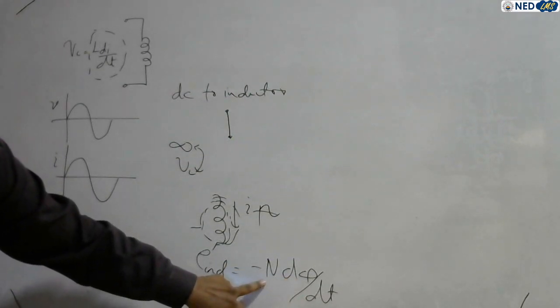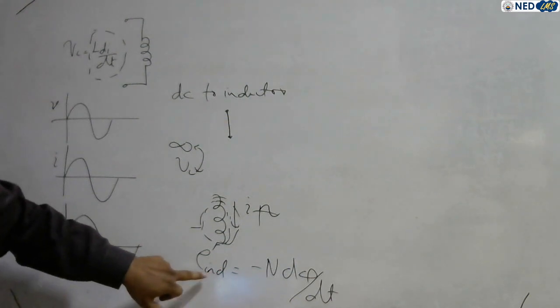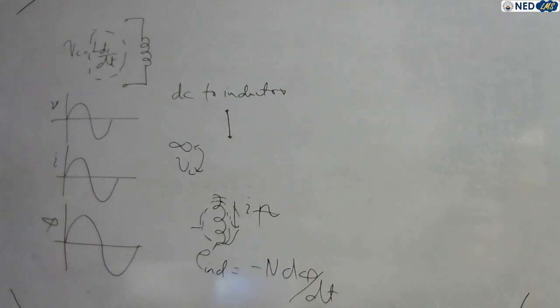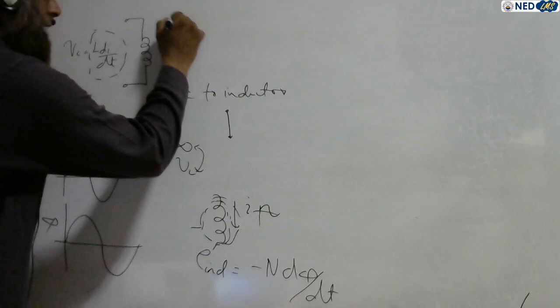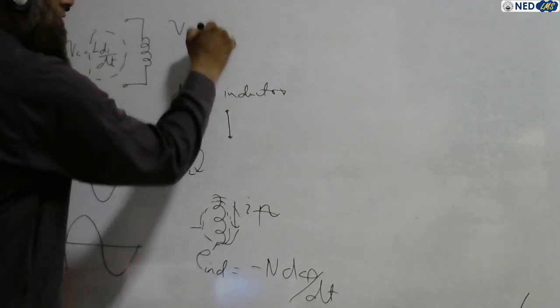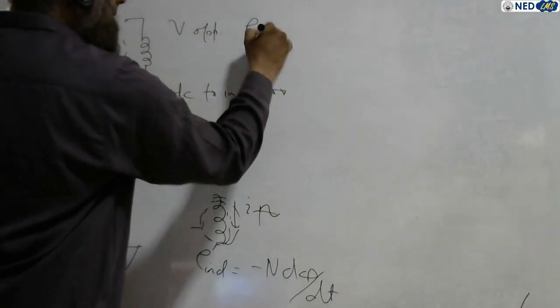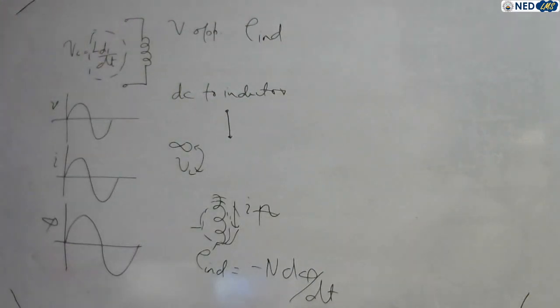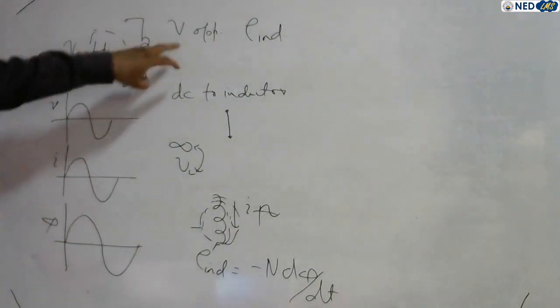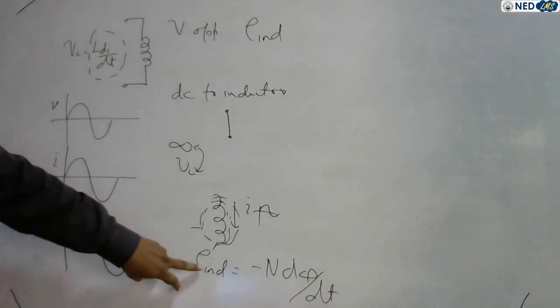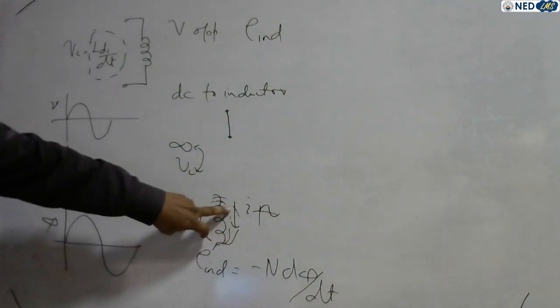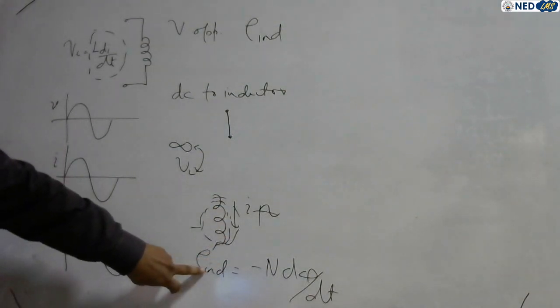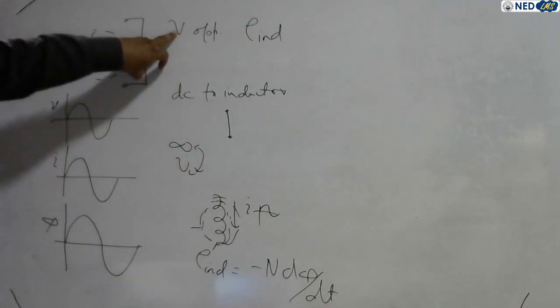It induces a voltage which opposes its cause, that is the supply voltage. That is why it opposes change in current. According to Lenz's law, the induced voltage opposes the supplied voltage.